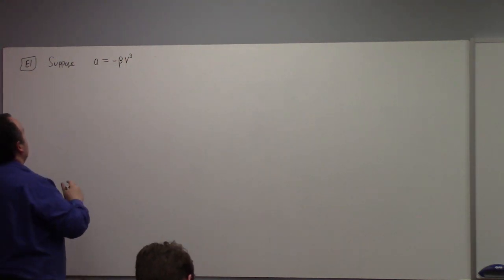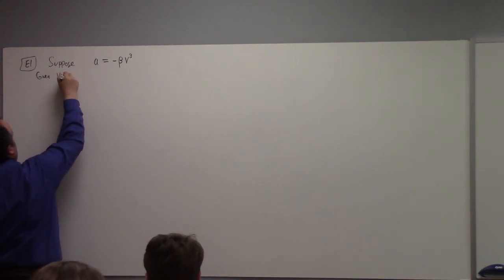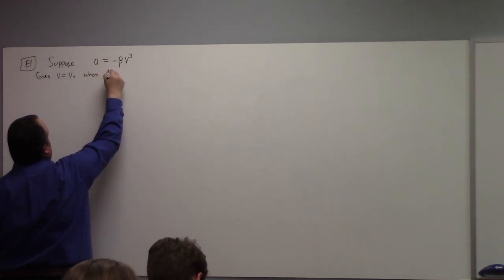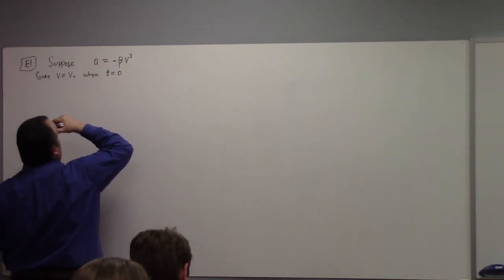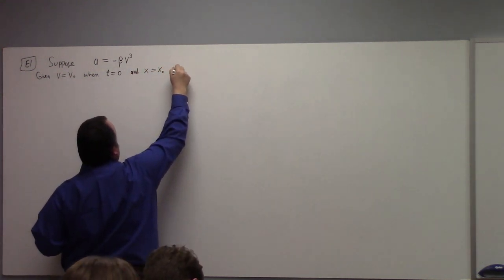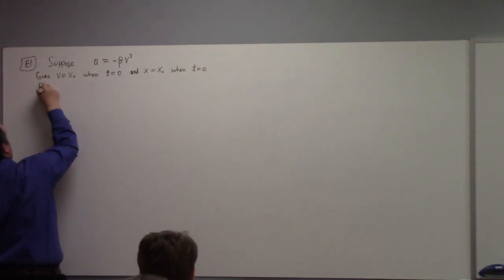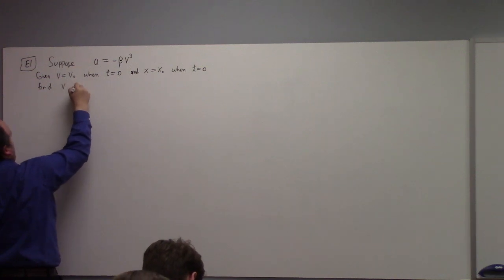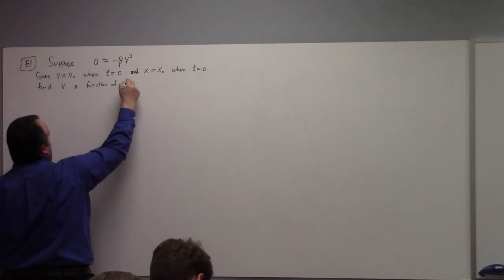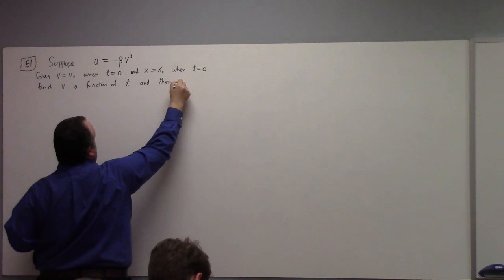Given that the velocity is equal to v naught when t equals 0, and x is equal to x naught when t is equal to 0, find the velocity as a function of t and then x.